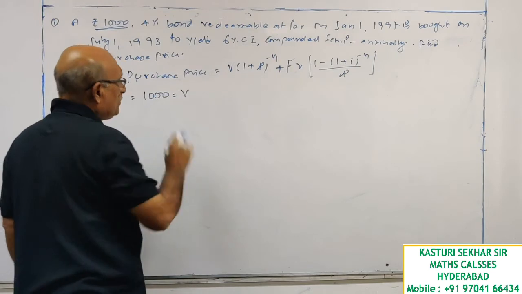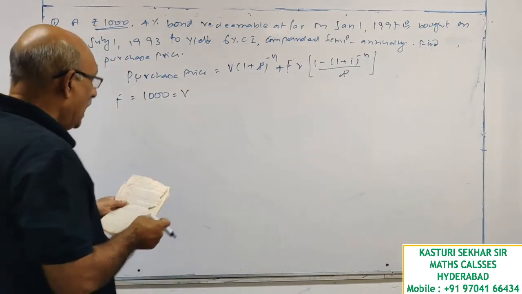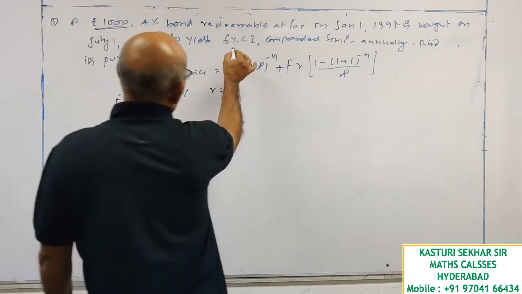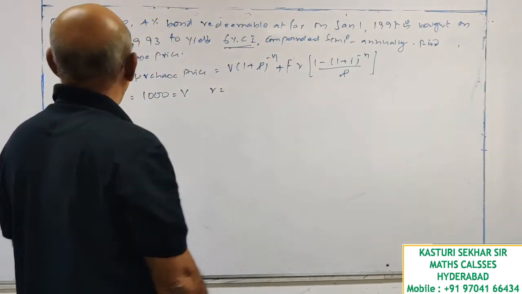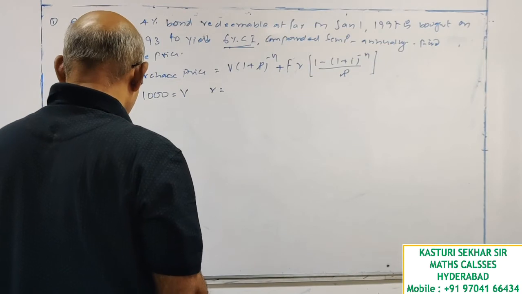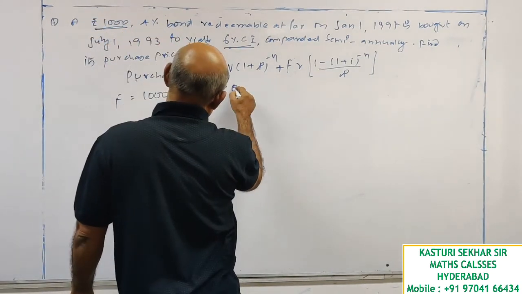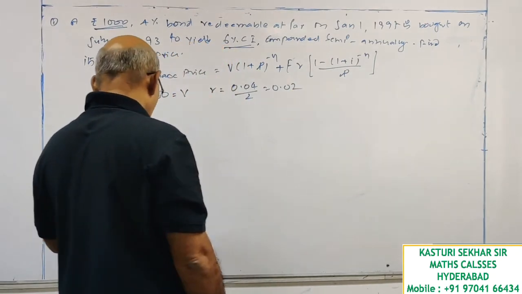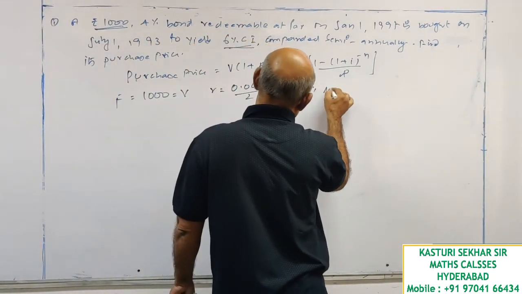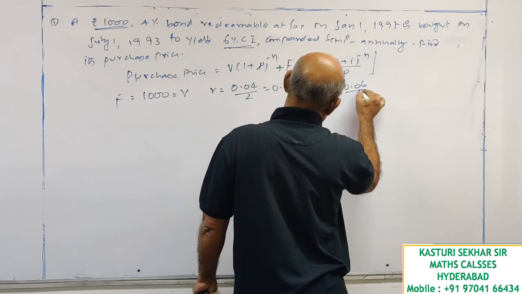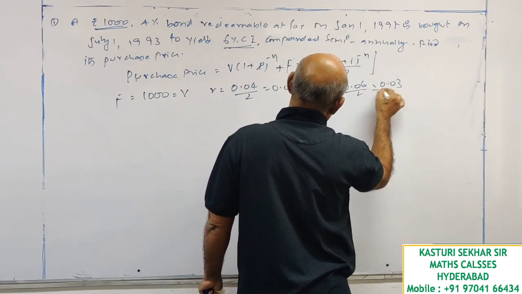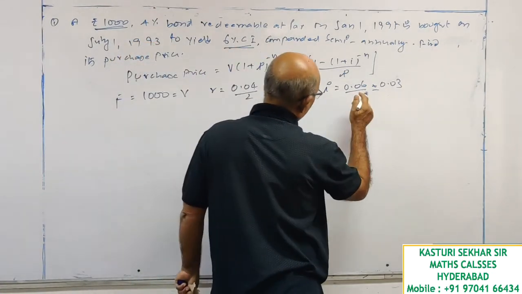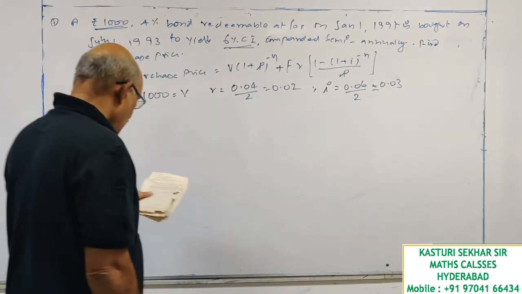This is also V. R is equal to 6%, this is a 6% bond redeemable. On this, interest is calculated semi-annually, so I is equal to 0.06 by 2, which is 0.03. Substitute this value, sir.